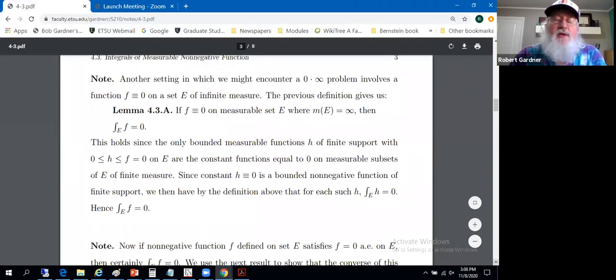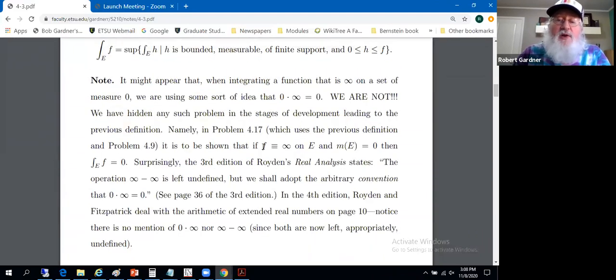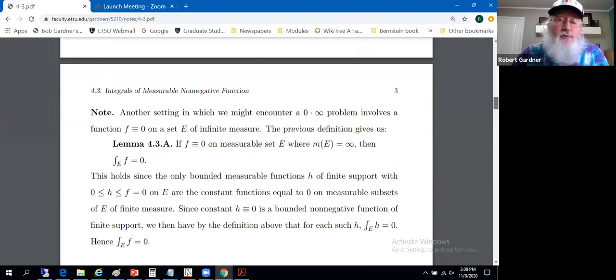Okay, another setting where we might worry about some 0 times infinity stuff is, to contrast this with what we were just talking about, we're discussing a function which is infinity on a set of measure 0. Well, we could swap the roles of those two and have a function which is 0 on a set of infinite measure.